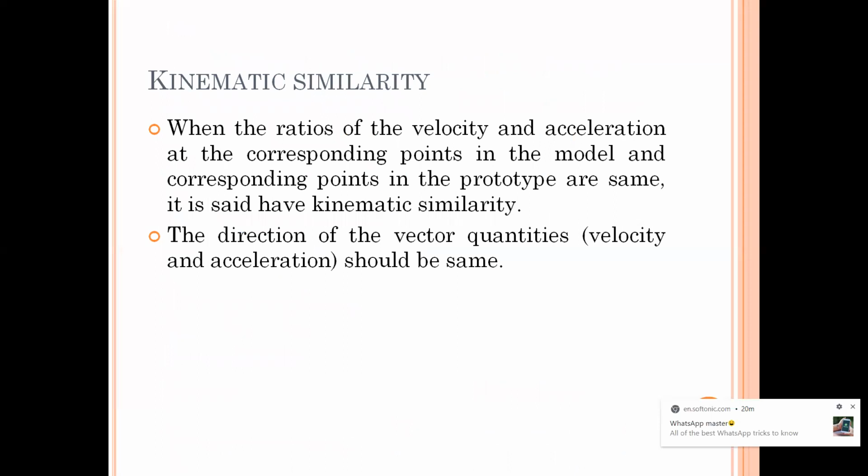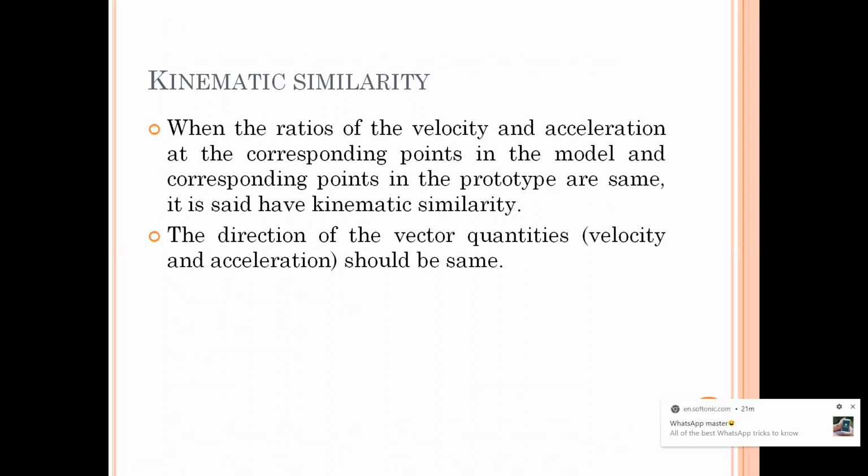Now coming next to kinematic similarity. Here the ratios of the velocity and acceleration at the corresponding points. In geometric similarity, we didn't have points. Here the corresponding points in the model and the prototype should be the same. When I say corresponding point, suppose I have a hydraulic machine, a turbine.